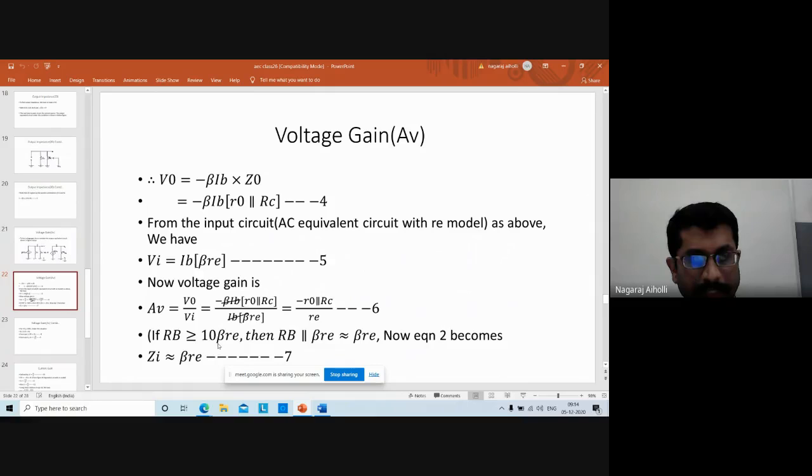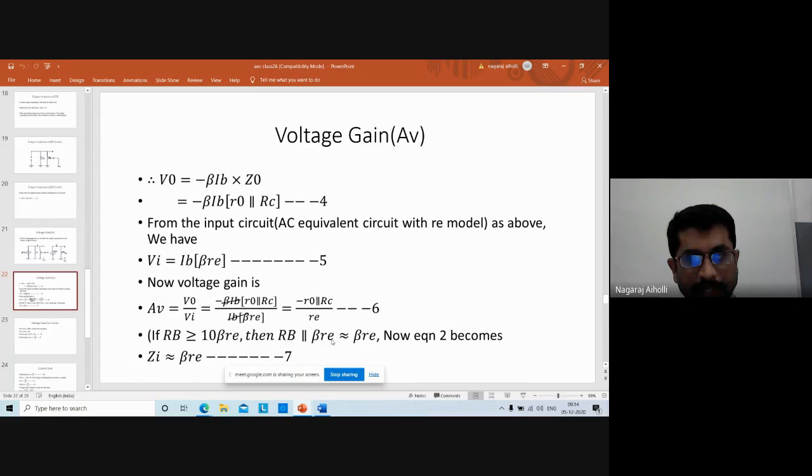Here we have to consider two conditions. First condition: if RB is greater than or equal to 10 times beta RE, then RB parallel beta RE. If RB is equal to, say, 10 times beta RE, that is the base resistance, then 10 times beta RE parallel with beta RE. Parallel combination of a large value with a smaller value will be the smaller value only.